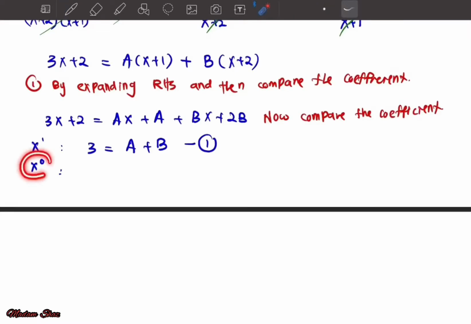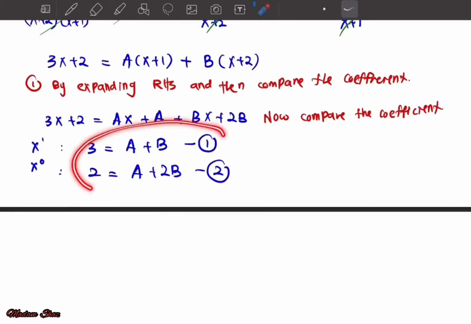For x to the power of 0, meaning there is no x beside the number, we have 2 on the left hand side. 2 is equal to A plus 2B. So this is our second equation.